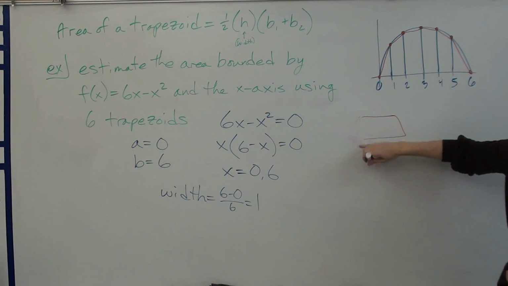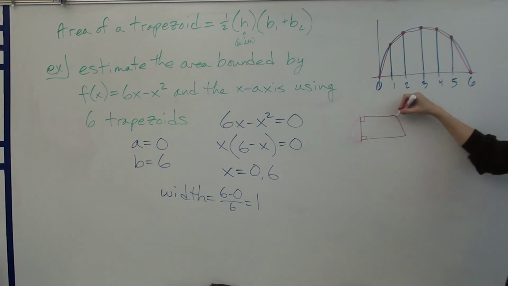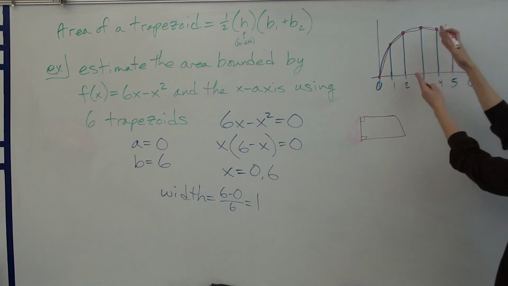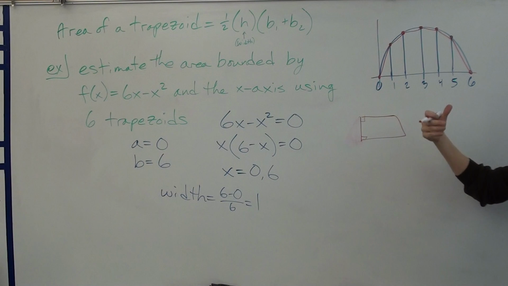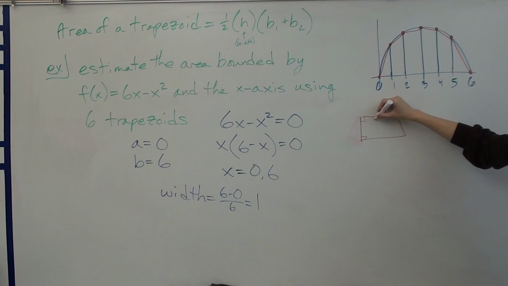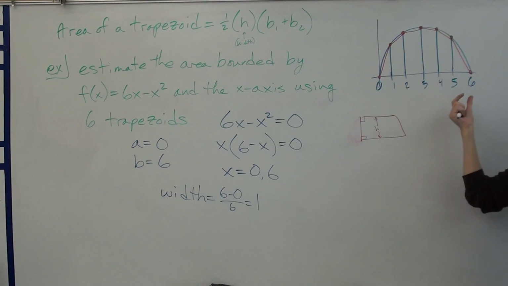So our trapezoids are actually like this, where we have right angles here and here, and we just have one slanty side, and it's turned sideways. Can you guys see how these are trapezoids? So that's why the height of the trapezoid is actually the width.